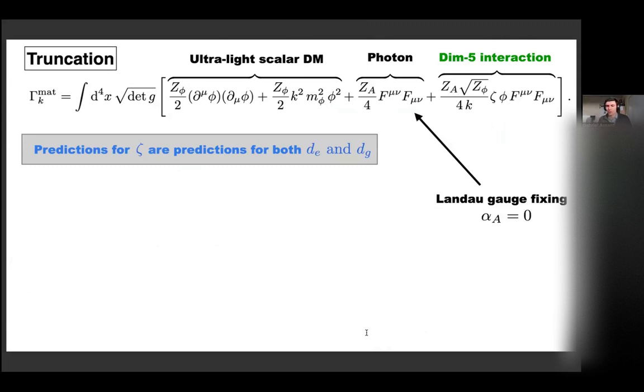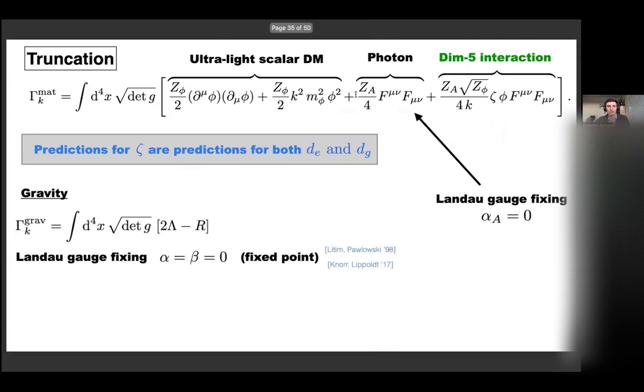Then there are, of course, some technical things that one should be careful about. Of course, you need to gauge fix. So we choose Landau gauge fixing for the abelian gauge fields. And for the gravity, we have actually a very simple setup, which is Einstein-Hilbert action in Euclidean signature with a Landau gauge fixing and even Landau-DeWitt, where both alpha and beta are 0.